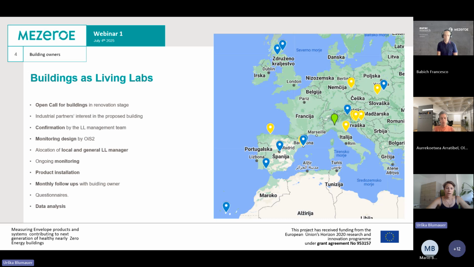And then after the match was made, the confirmation with the Living Lab management team, because Living Labs are managed by a team of research partners that have an overview of the activities.